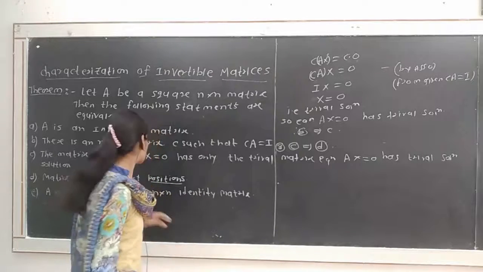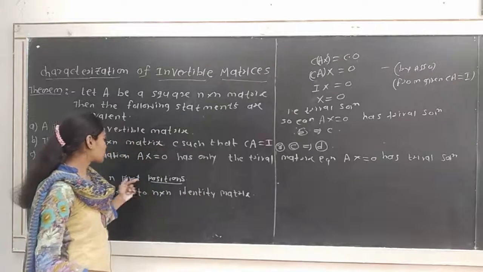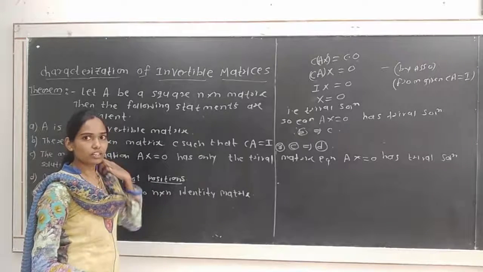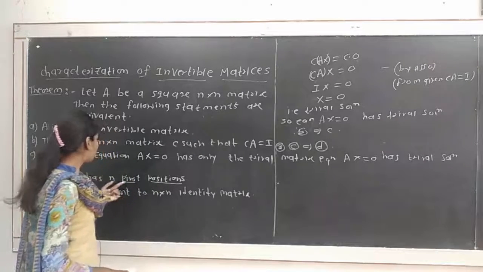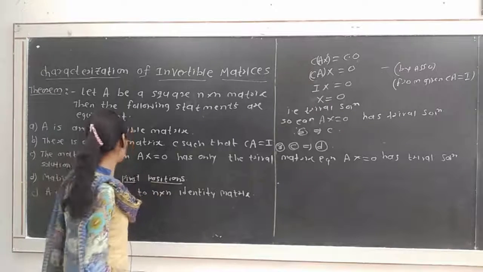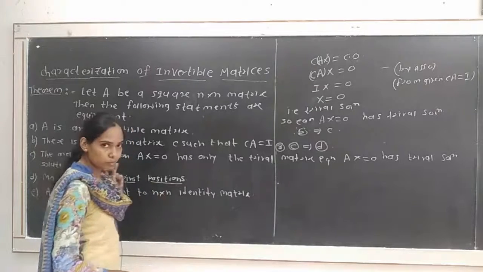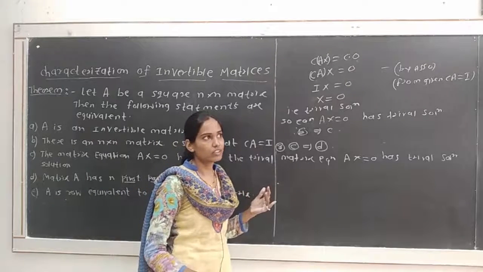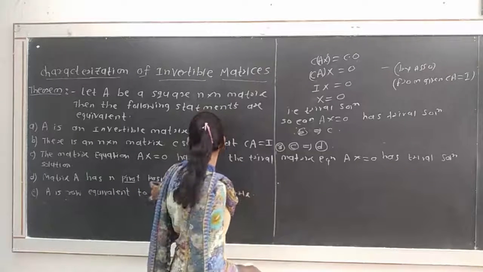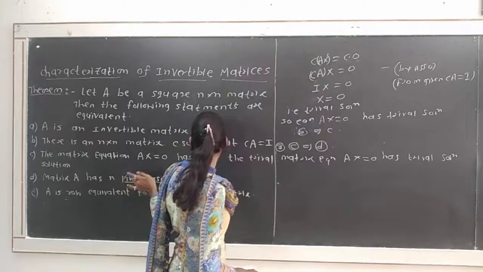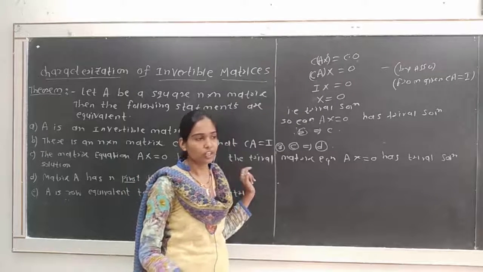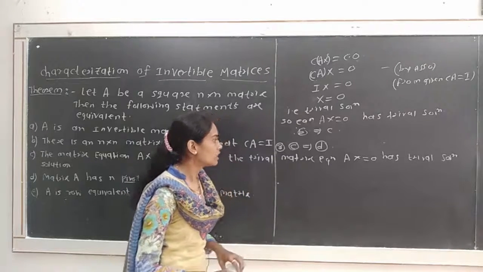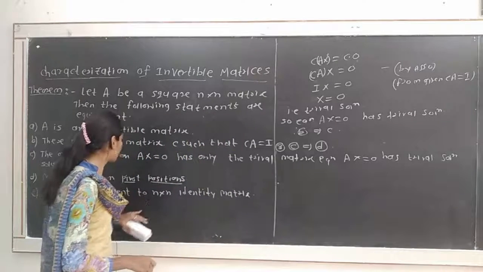See here, this is a new concept, pivot position. What is meant by pivot position? In the second chapter we will discuss in detail what a pivot position is, but here we only see the definition.